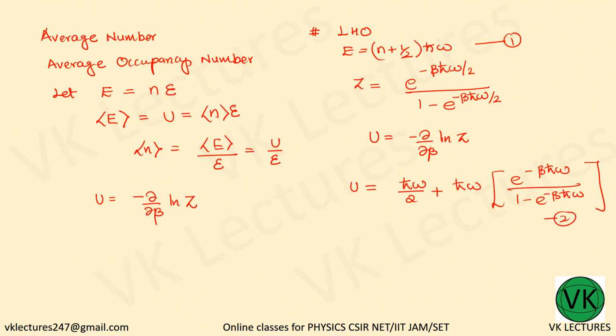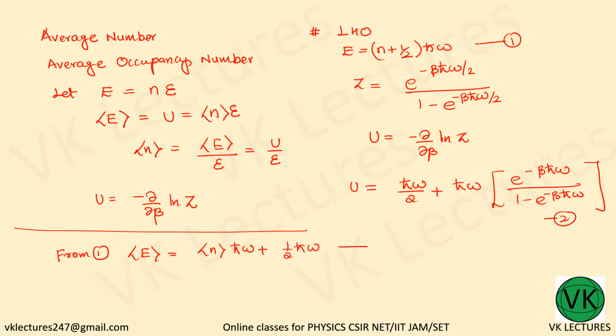So from 1, the expectation value of E is equal to the average value of n times h cross omega plus half h cross omega. So this is 1a.